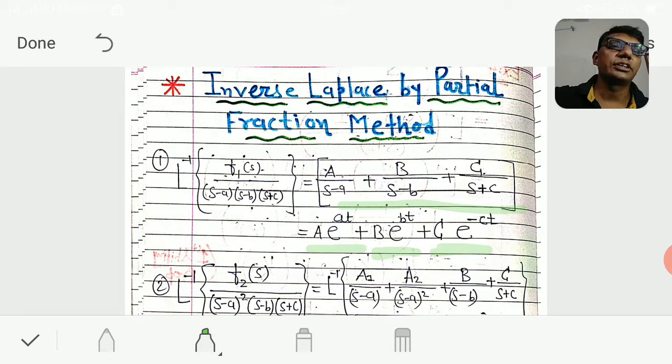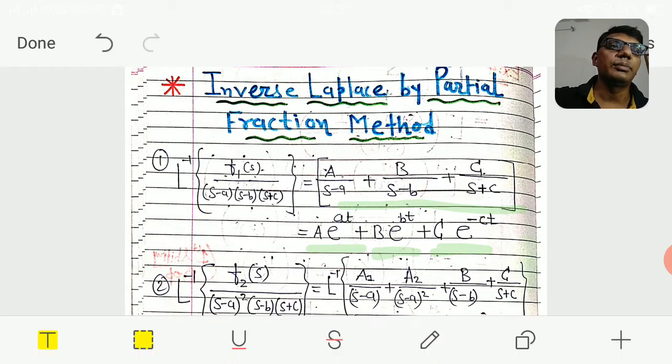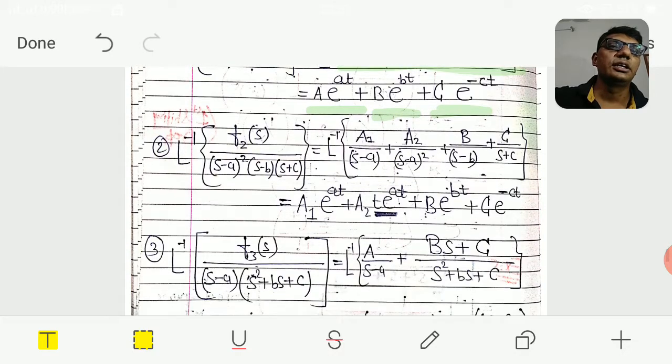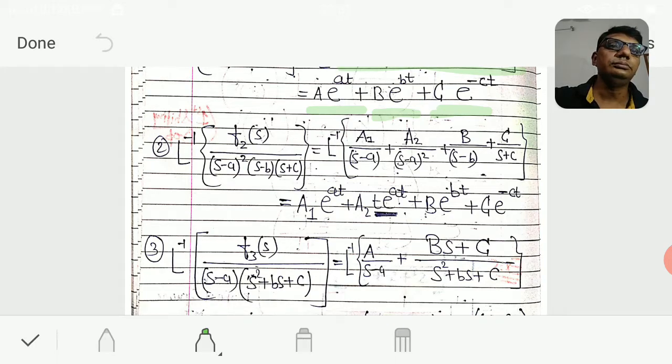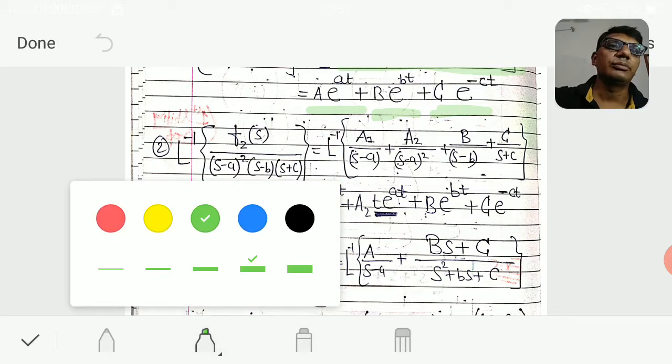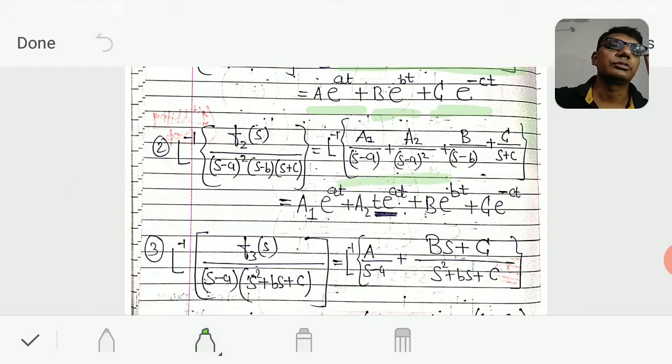Here all the factors are distinct, so we can easily separate the factors. But sometimes the factors are repeated, then the second case will be applicable: L inverse of f2(s) upon (s minus a) whole square into (s minus b)(s minus c), that is L inverse of A1 upon s minus a plus A2 upon (s minus a) square, because here our s minus a factor is repeated 2 times.